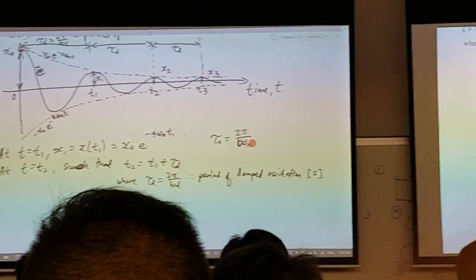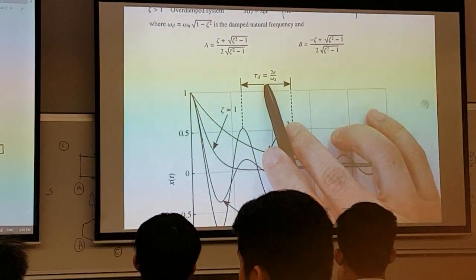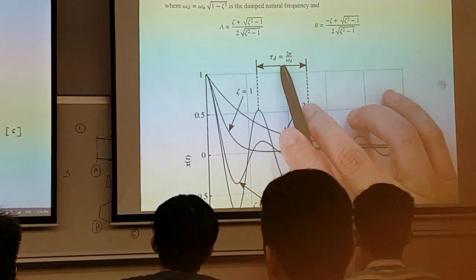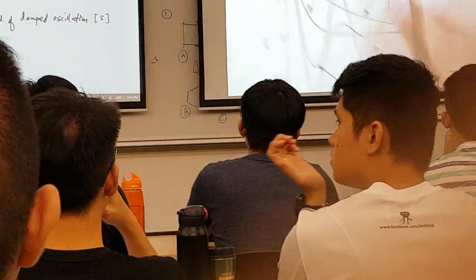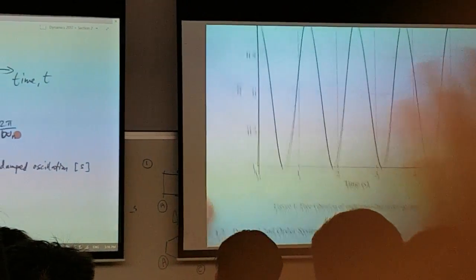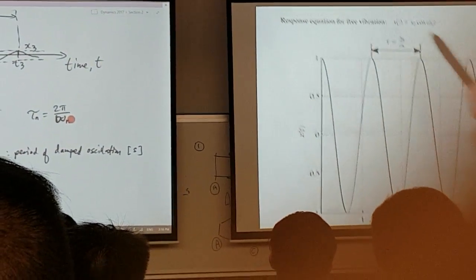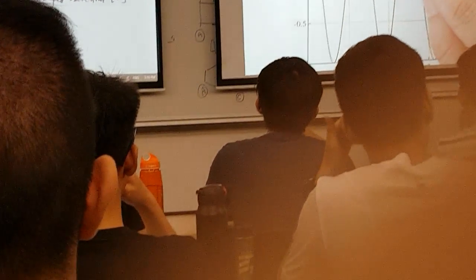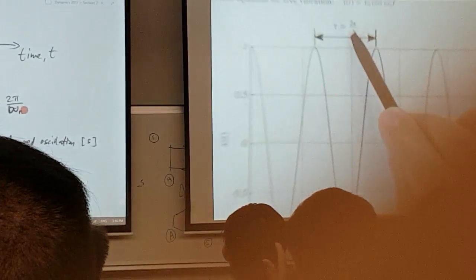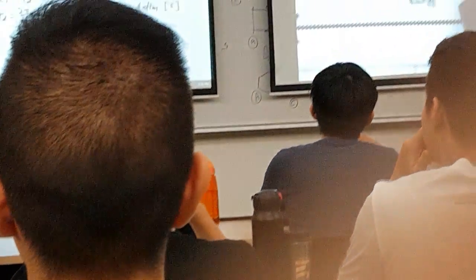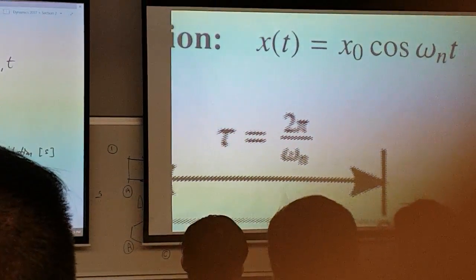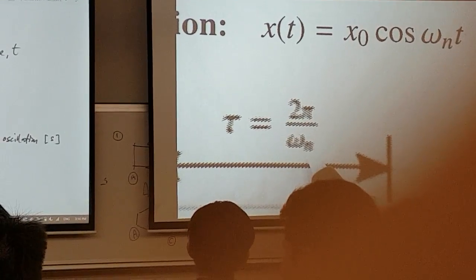That d there tells you that there's a damper inside the system. That's why d, damping. If there's no damper, that refers to the previous page, simple harmonic motion. And this part here is your tau n, 2 pi divided by omega n.